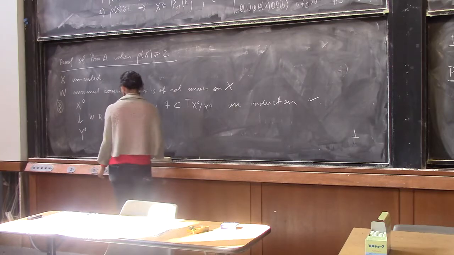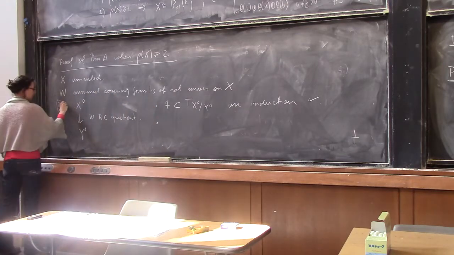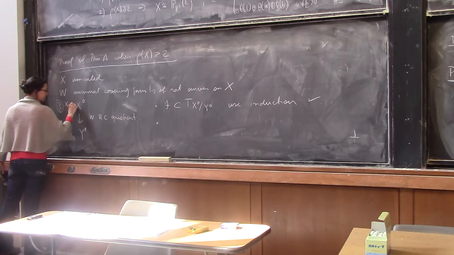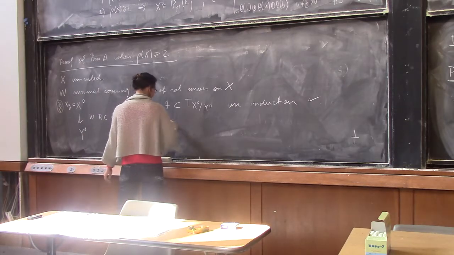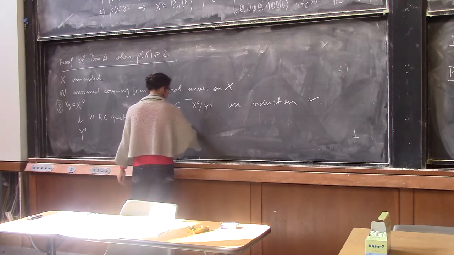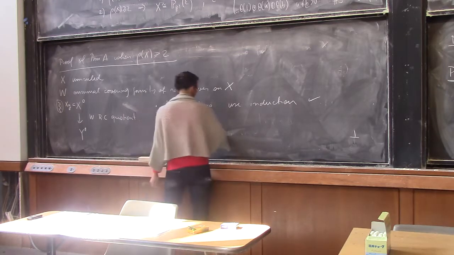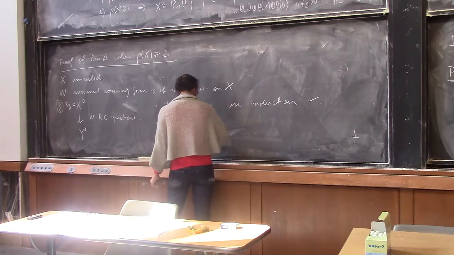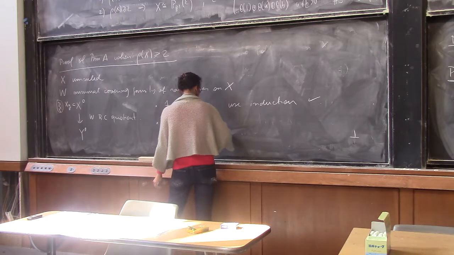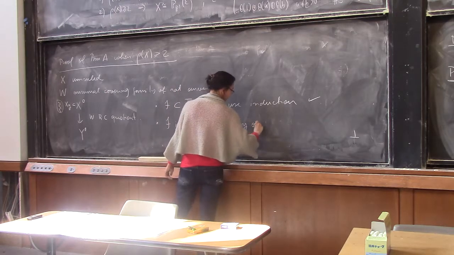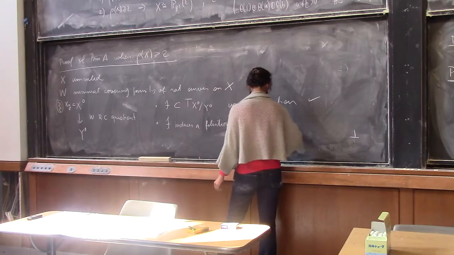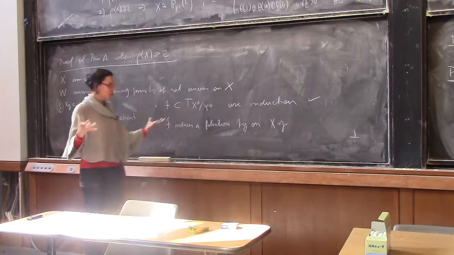So what happens, let me call here a general fiber X_y. So F in this case induces a foliation of smaller rank, F_y, on X_y. And let's see what this foliation should look like.